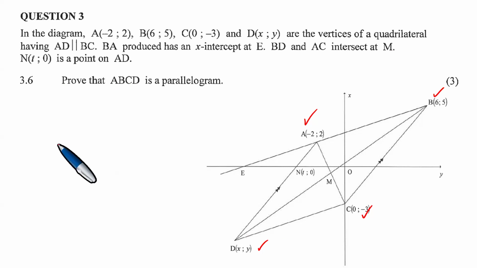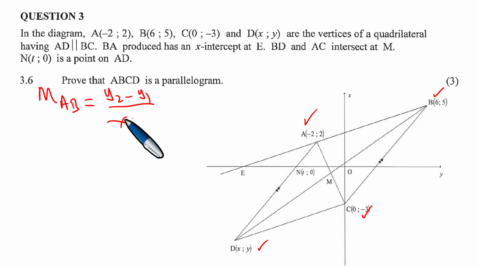So now in 3.6, we have to verify that the gradient of AB is y2 minus y1 divided by x2 minus x1. We're dealing with AB, so with x1, y1, and with x2, y2. What is y2 here? It is actually 5.